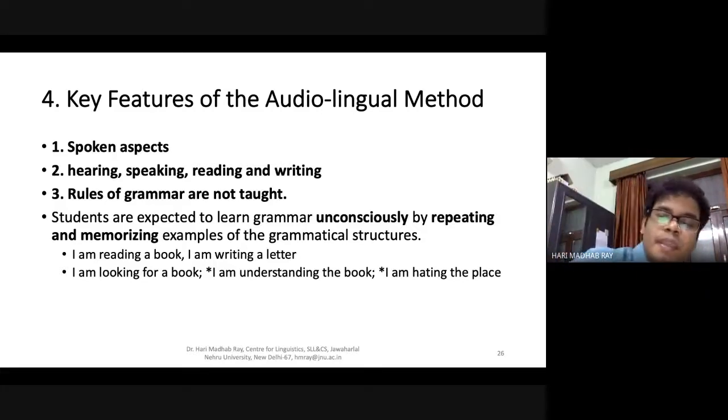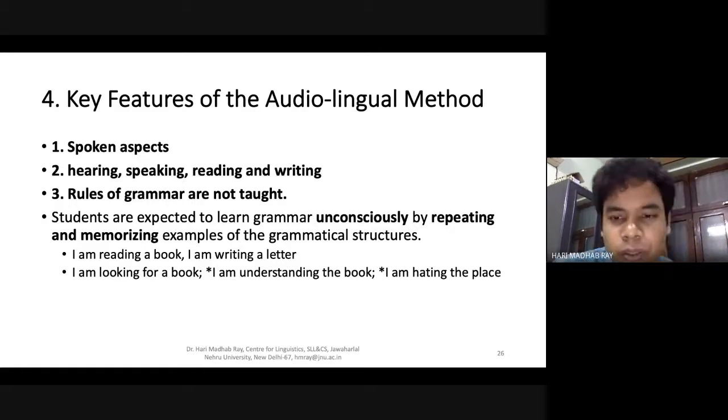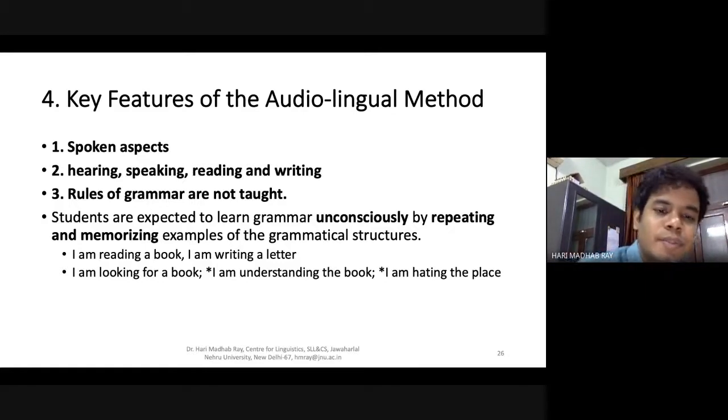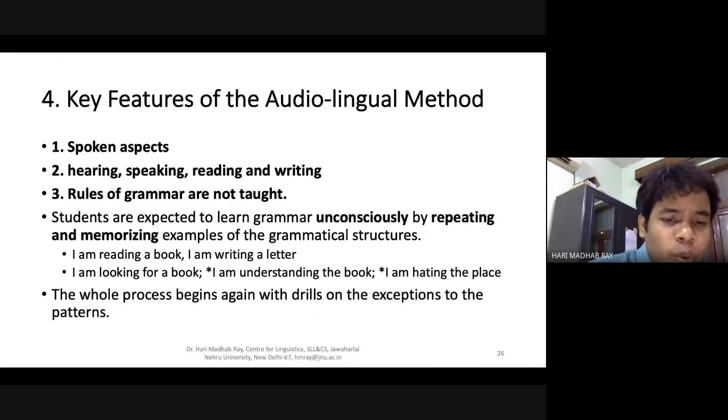Anyway, the teacher will correct you the moment you make a sentence that is ungrammatical or wrong. So the rules of grammar are not taught, but learned unconsciously by repeating and memorizing examples. And the whole process begins again with drills on the exceptions to the patterns.